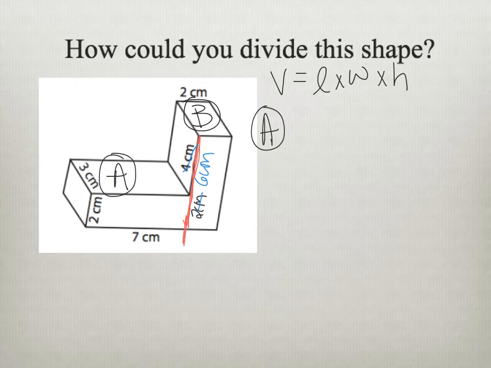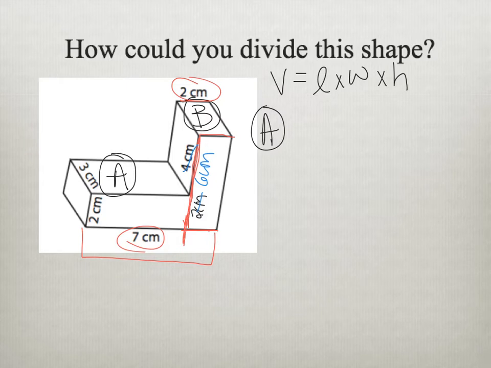So we have to figure out, it's not really 7 centimeters because that's how long the whole thing is. We have to figure out how much is right here that we can subtract from 7 centimeters. Well, if you noticed, this length and this length are all the same, and that is all 2 centimeters.